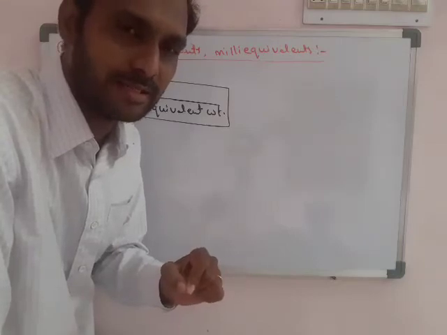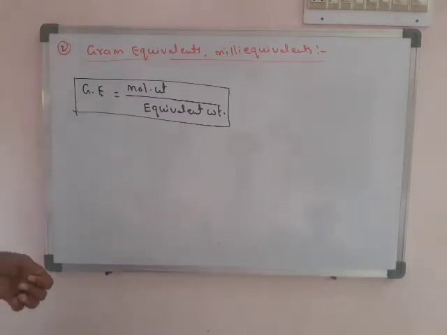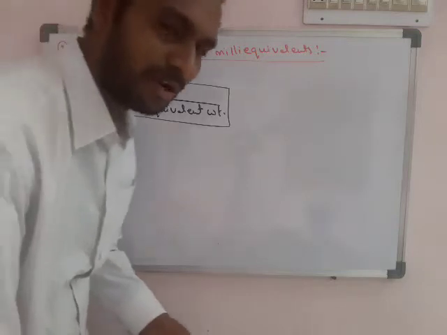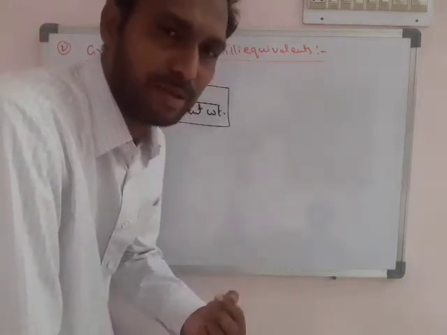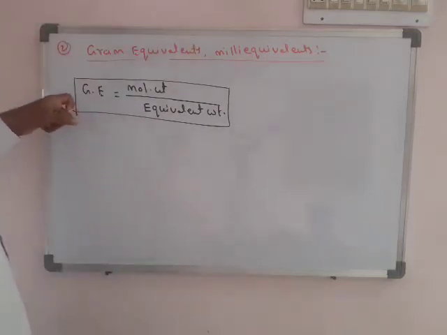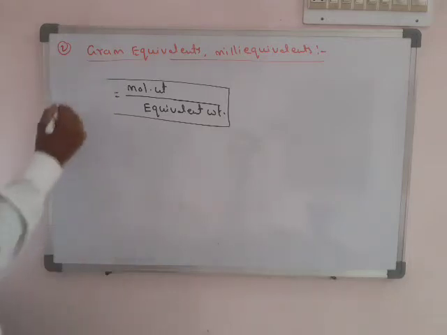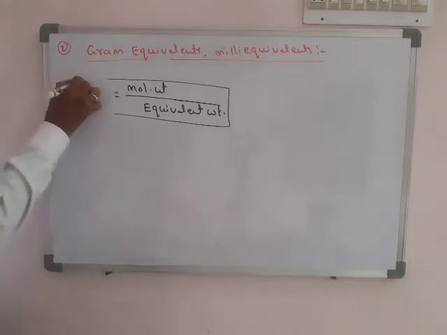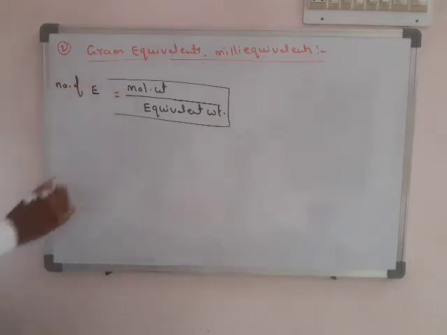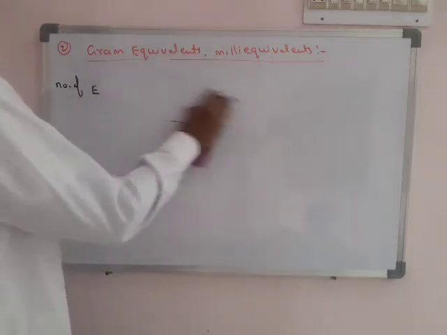Gram equivalence is also treated as the number of equivalents. Just like the number of moles, for which we take weight by molecular weight, here for the number of equivalents, we can call gram equivalence the number of equivalents. So number of equivalents is equal to weight by equivalent weight.